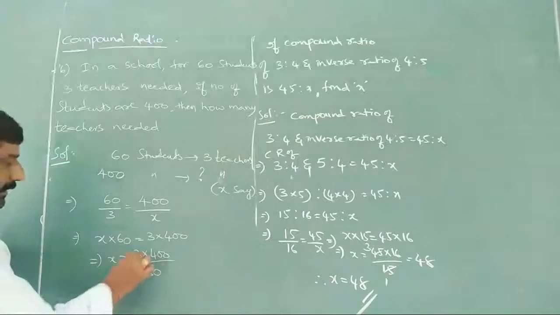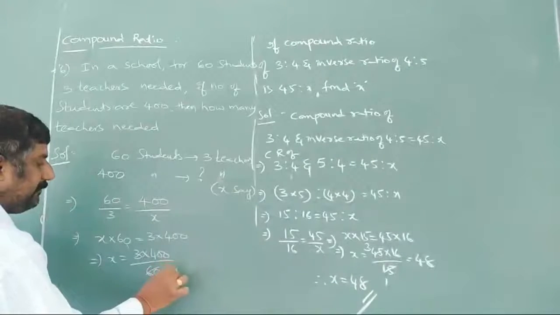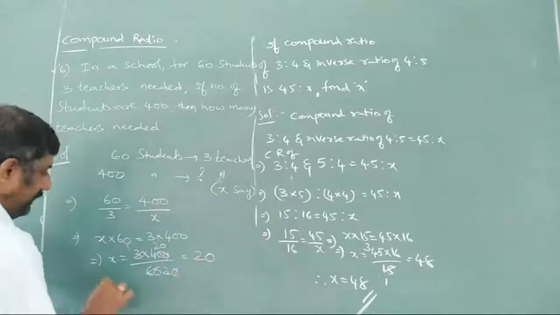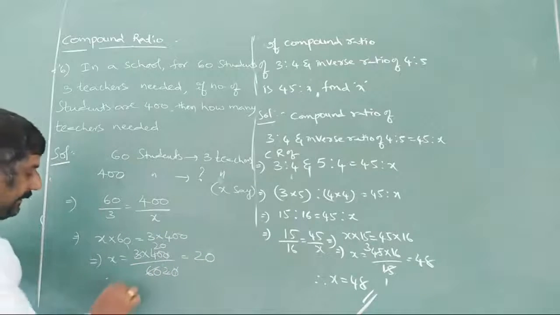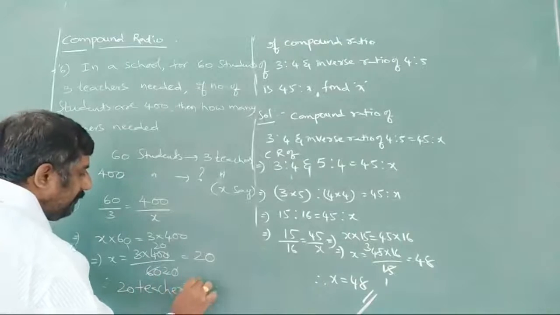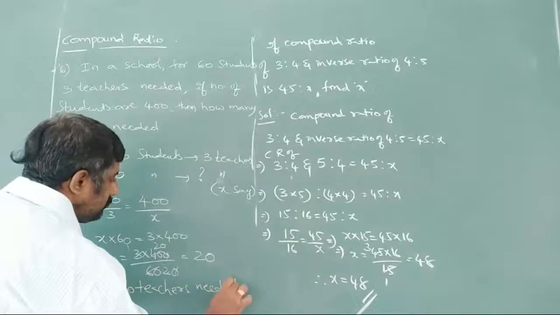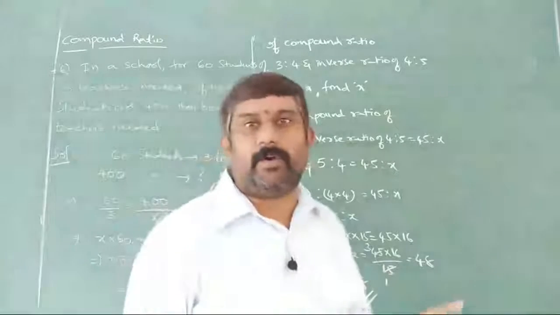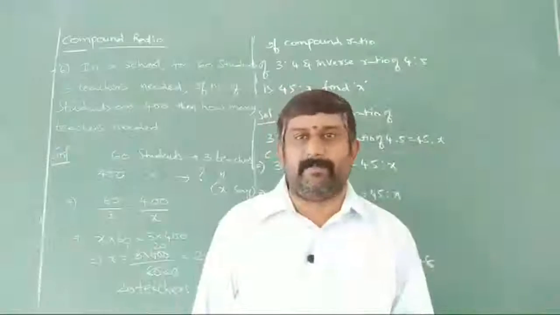In which table? 3 table. 3 ones are 3, 2s are 0 0, 2 ones are 2, 20s are. So how many teachers are needed here now? 20 teachers are needed. So like this we can find the problems on ratios in different manners.